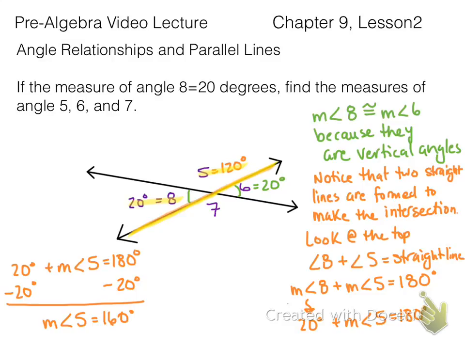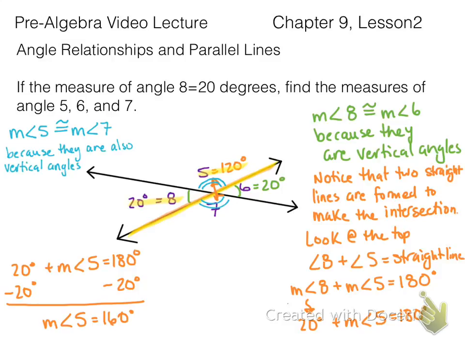Now, the measure of angle 7. How we find it is the same way that we found 6: vertical angles. We know that the measure of angle 5 is 120 degrees, and angle 5 and angle 7 are vertical angles because they're across from each other. Vertical angles are congruent, so the measure of angle 5 should be congruent to the measure of angle 7.